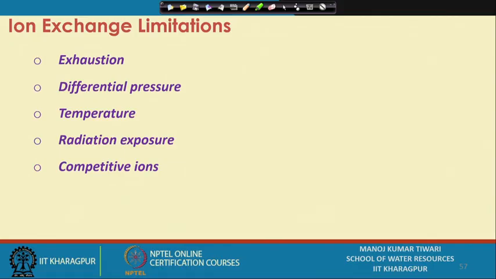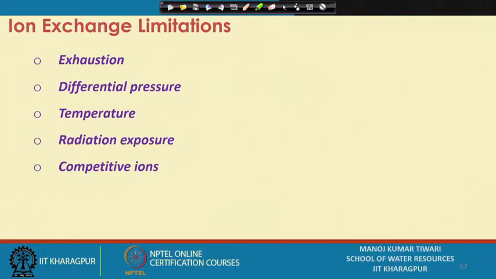Then there is a possibility of radiation exposure if we are dealing with those kinds of things, and one of the major problems is in the form of competitive ions, because, as we said, the water matrix may have a variety of ions. If we are targeting some contaminant ion, what if the adsorption, or for that matter ion exchange, is preferring some other, non-target ion?